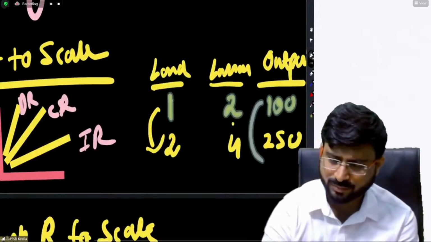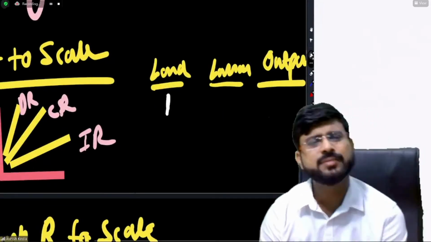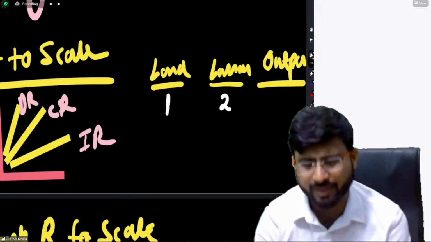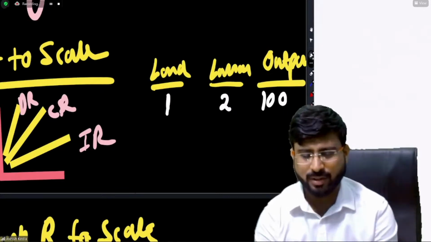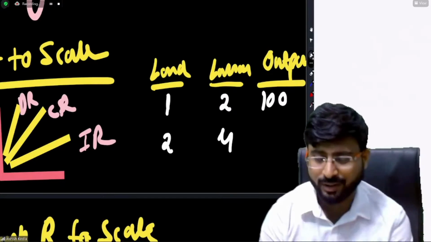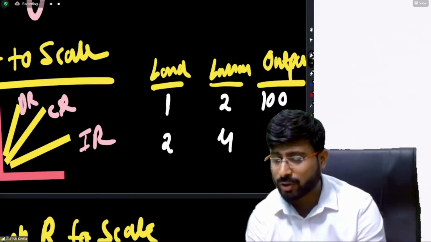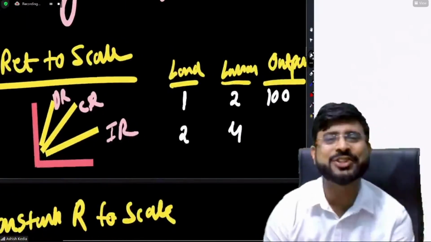Suppose I have 1 unit of land, 2 units of labor. My output is 100 units. Okay. Let's double my input. So now I have 2 land, 4 labor. If my output gets more than doubled, that is called increasing returns to scale.